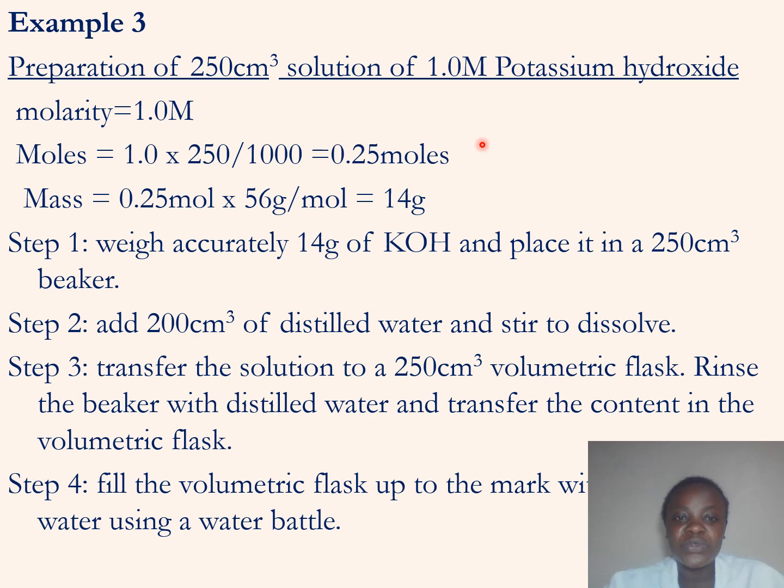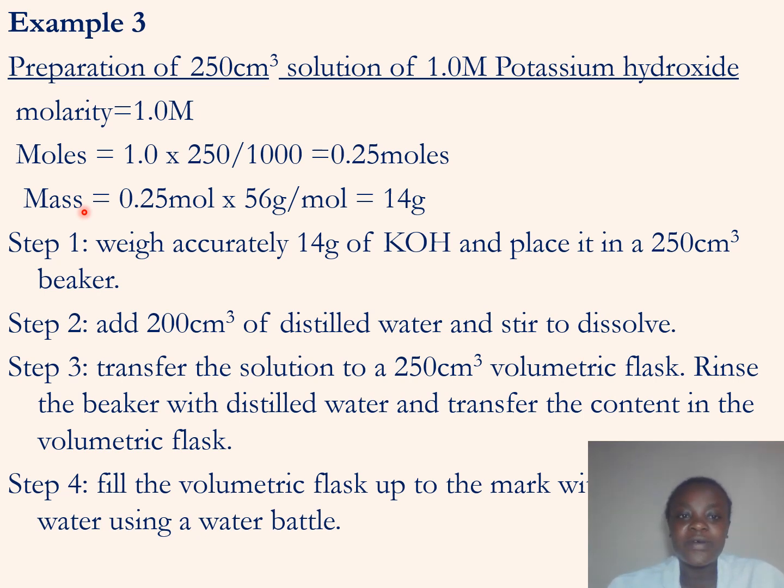So that is what we should prepare. The first step, we find the number of moles by multiplying molarity times the volume in liters. So molarity 1.0 times volume, which is 250, make it to a liter by dividing by 1000, to give us 0.25 moles.